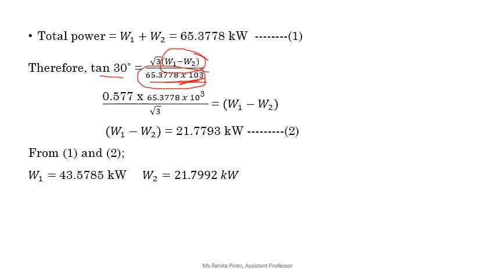Now you found out what is W1 minus W2 here. W1 plus W2 you already know, that is nothing but the total power. Substitute in your calculators, find out what is the individual W1, what is individual W2. You will get the readings for the 2 wattmeters. So thank you.